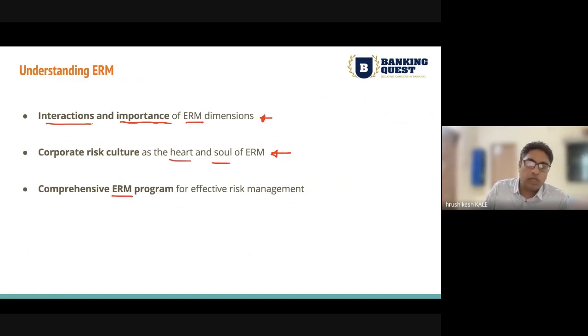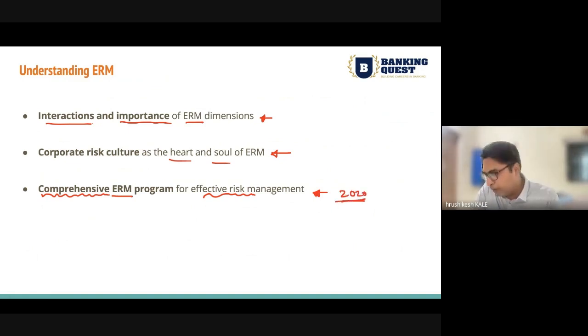Comprehensive ERM program: basically an all-inclusive ERM program for effective risk management is required, is a need of the hour. Even in 2020, a lot of companies are breaking up. They are filing for bankruptcy. The reason is that they are not effectively using their risk management techniques.